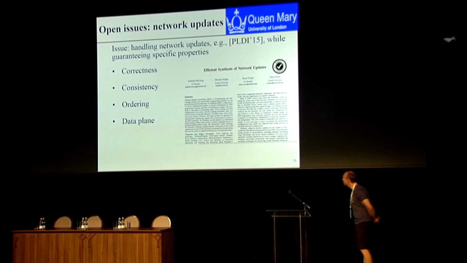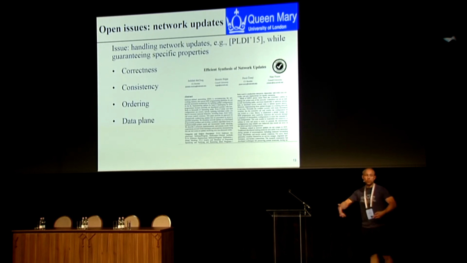Updates must be ordered the right way, because you transition from one state to another, which might need intermediate steps, and you need to be sure that the data plane does what you really want.